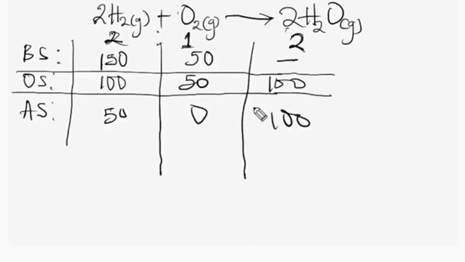So we have 0 oxygen after sparking, 50 of the hydrogen gas, and 100 of the water vapor after sparking. The volume of the residual gases will be this 50 cm cube of hydrogen plus the 100 cm cube of the water vapor. We're going to add this together, and that's the residual gas.